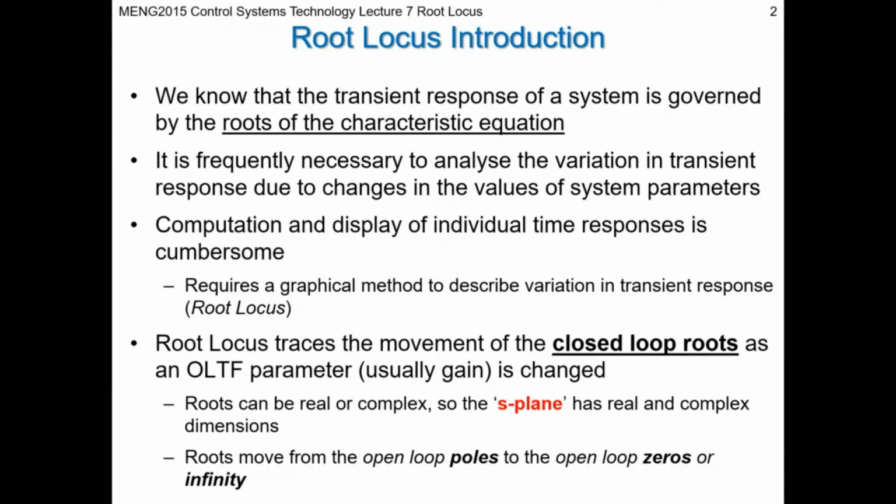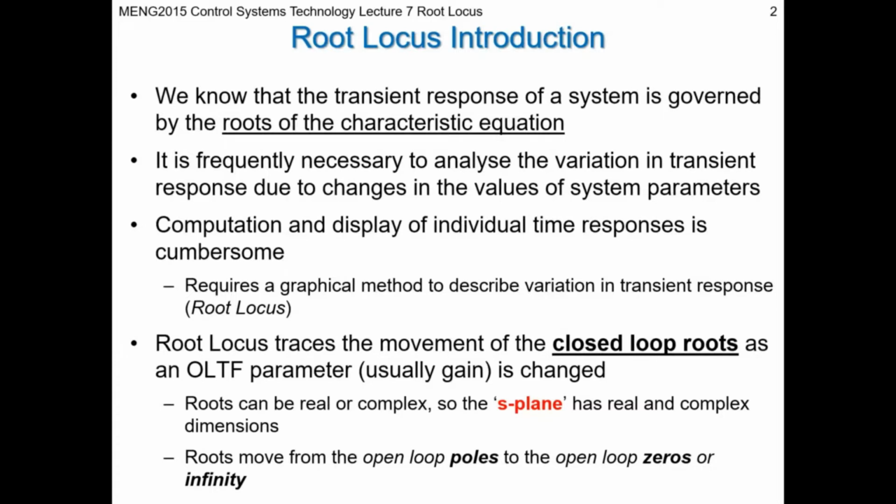Now, the locus always moves from somewhere to somewhere, and a locus always starts at the open loop poles, not the closed loop. We're tracking the movement of the closed loop roots, but we start with the open loop poles.